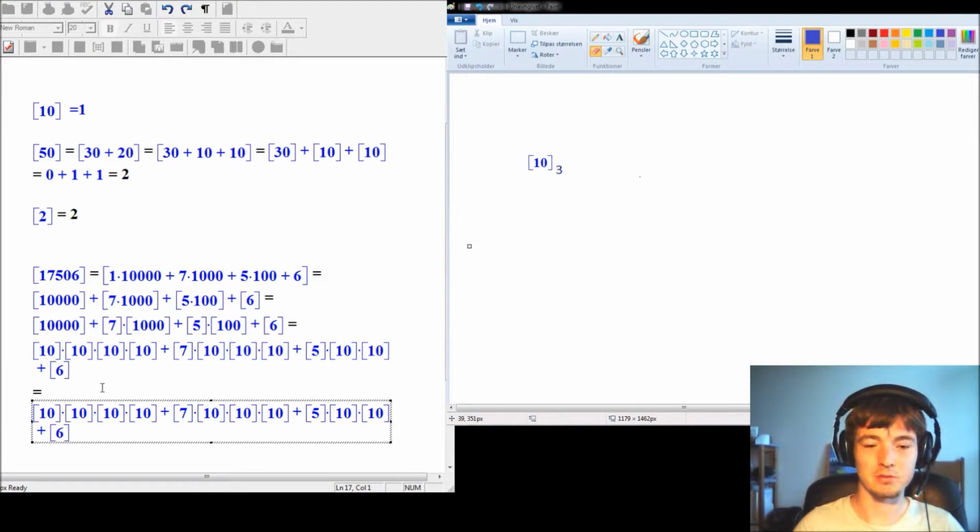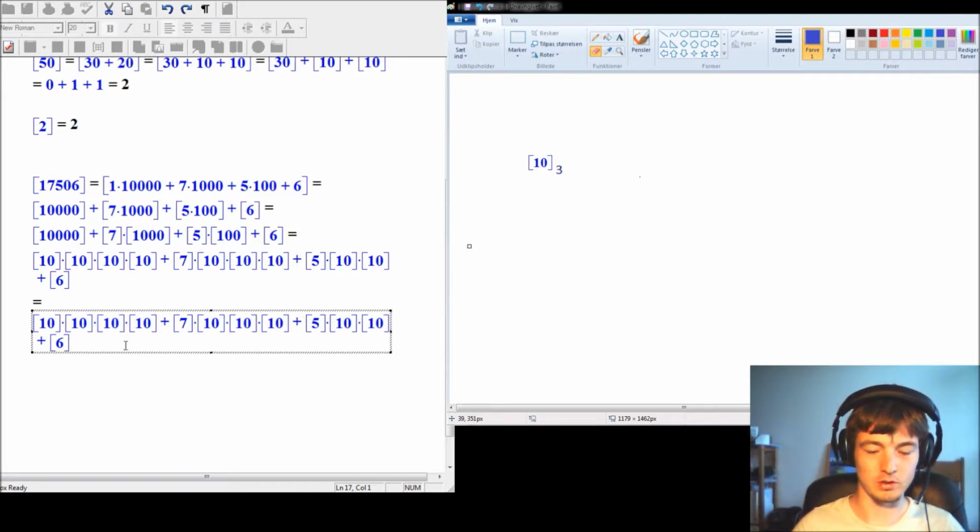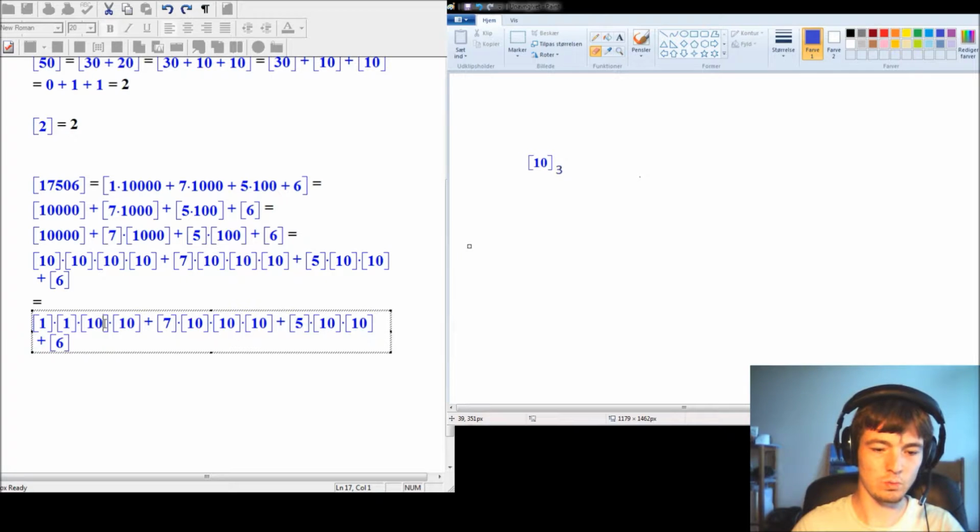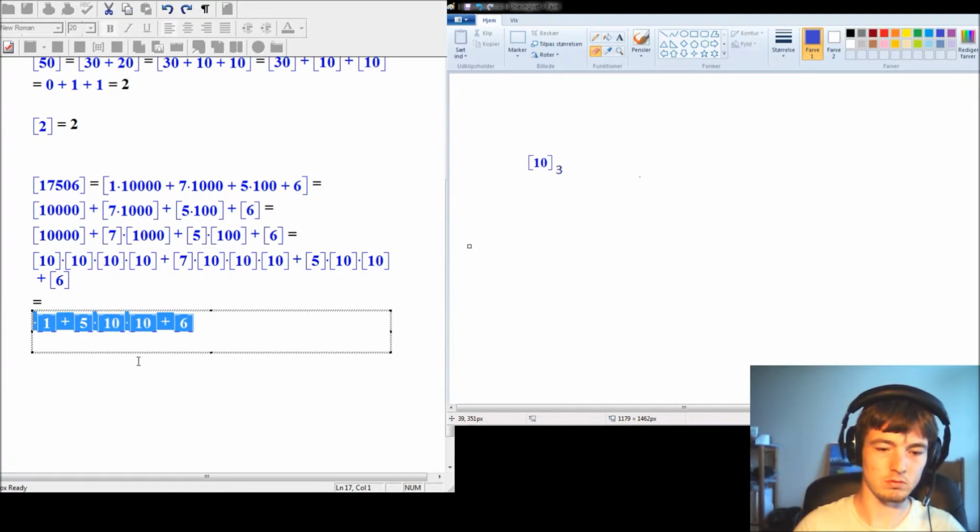There's not quite enough space here on the screen, but it'll just get longer downwards. That's okay. And all these become just 1, 1, 1, 1, 1. No, never mind.